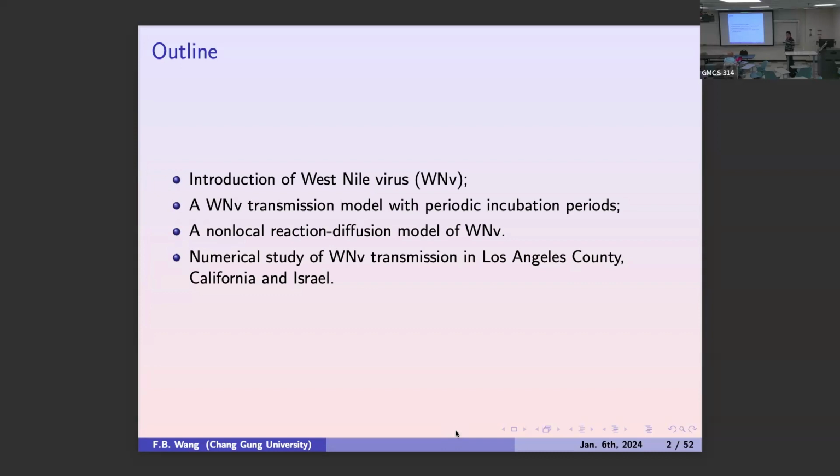The other one includes spatial variation, because the birds or mosquitoes can move, so probably we need to include this mechanism. And then I will show some numerical results. I was told I don't need to show the detailed mathematical analysis, so I will just mention the results.